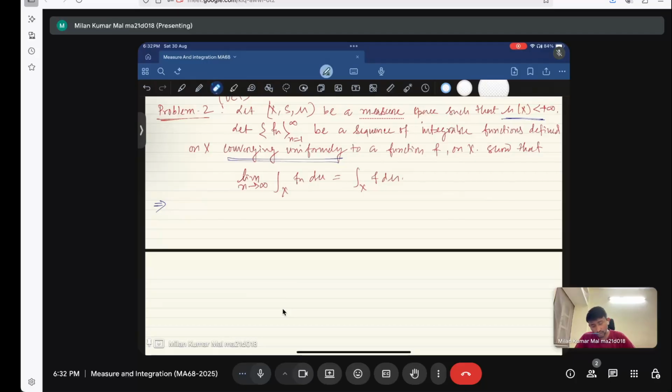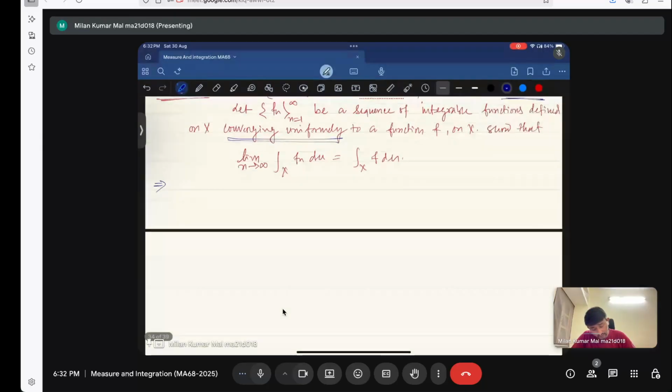So let's check how this happens. First, as the sequence converges uniformly, it is enough to prove that the limit as n tends to infinity of the integral over X of mod of f_n minus f d mu is equal to 0.